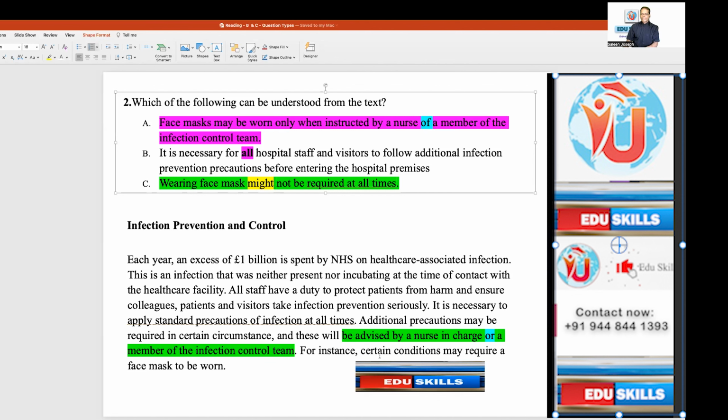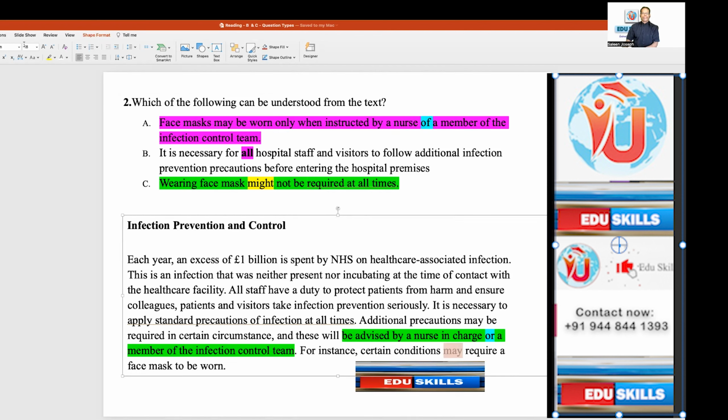See, for instance, certain conditions may require a face mask. May, might, they are the modal verbs. Here, wearing face mask might not be required at all times, which means it is required sometimes. So that is called may.